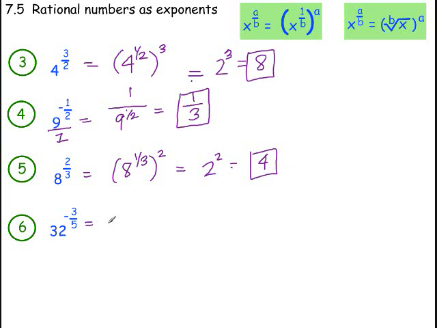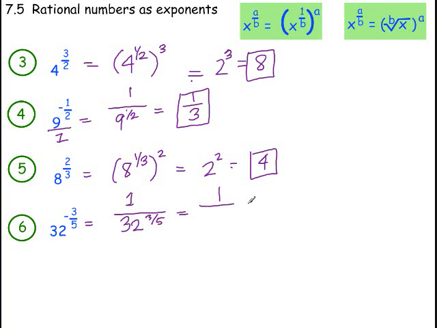How about this one? 32. Oh, I better remember, I don't want to have to deal with this negative, so I'm going to put it in the denominator. 32 to the 3/5.